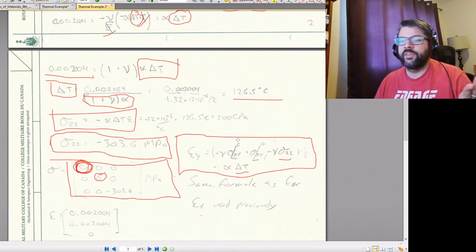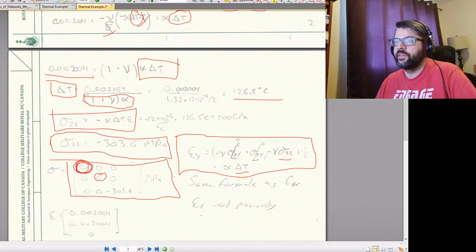So if it's the same formula, that needs to be the same amount. So that ends up being equal as well.